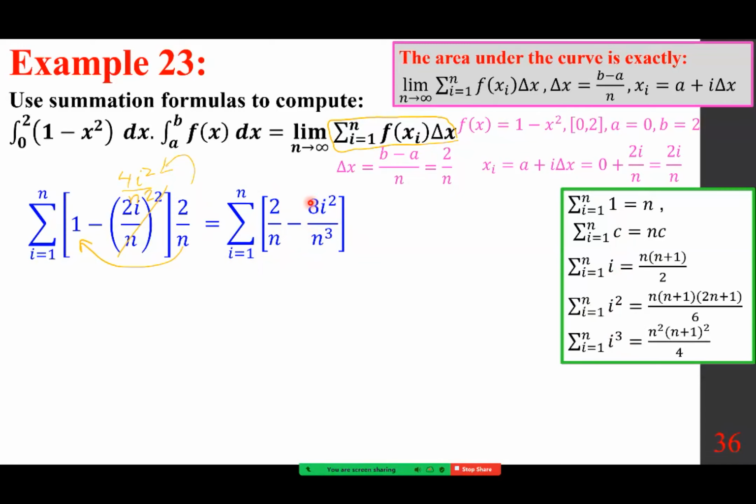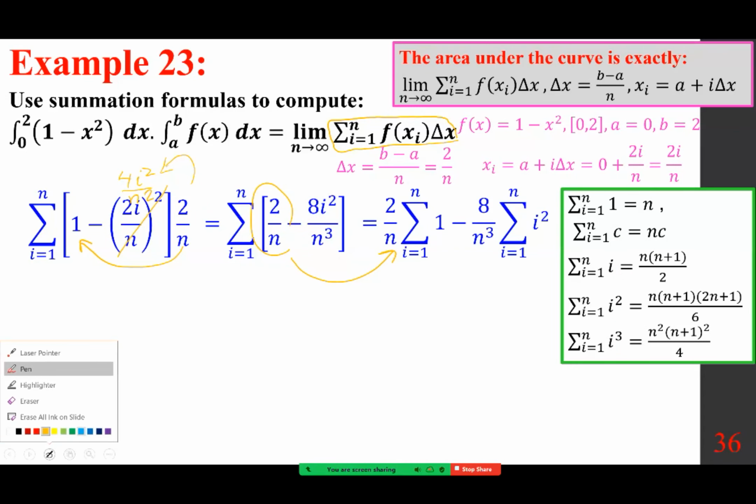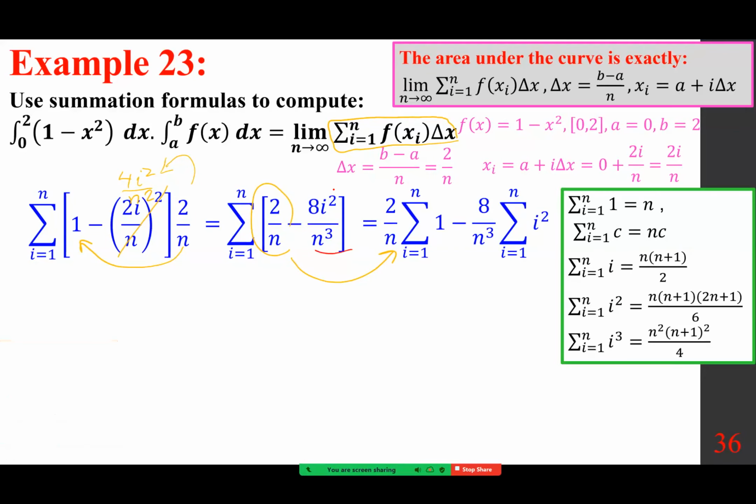This one is 8 over n cubed summation of i squared, of course, with a negative sign. So this part, again, I want to make sure we understand that this part is this one. This one with the negative sign is this. So I want to be absolutely clear as to what's going on, everybody. Very straightforward.